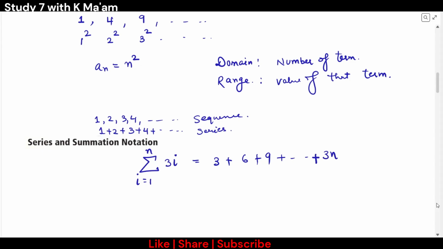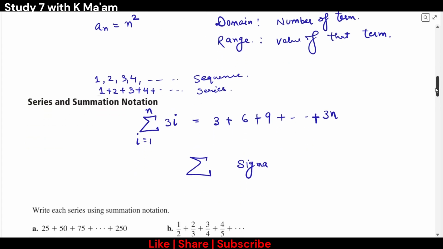It's adding all the terms up to n. This is a summation, and this notation is known as sigma. Sigma notation is used to show the terms are in addition.